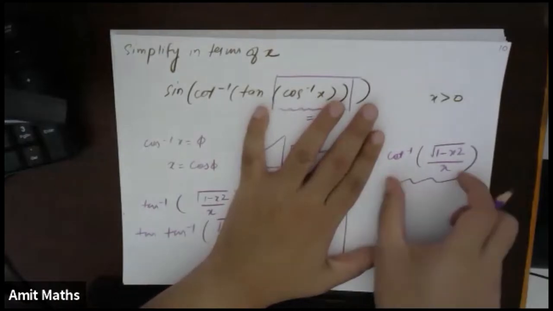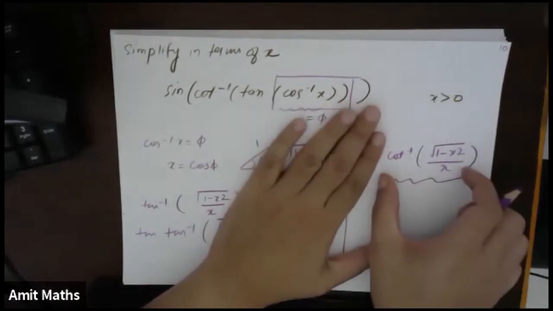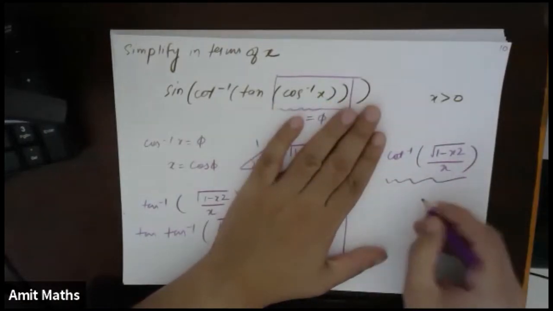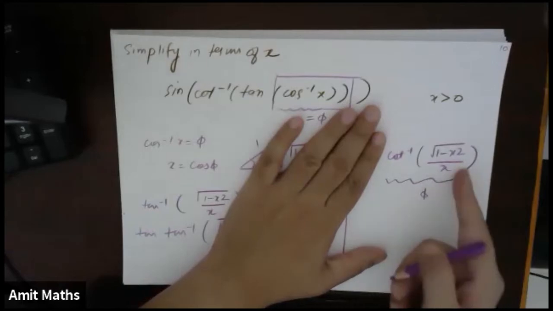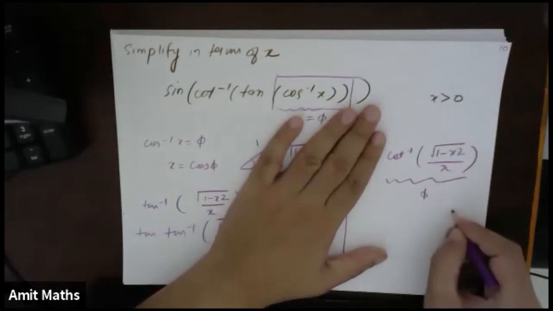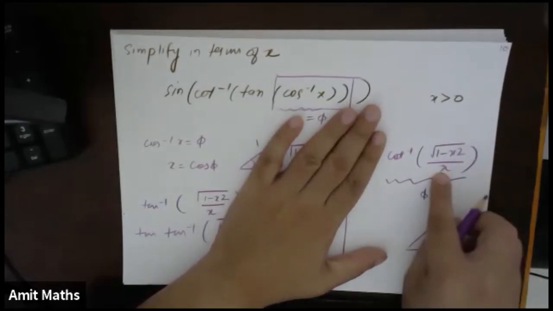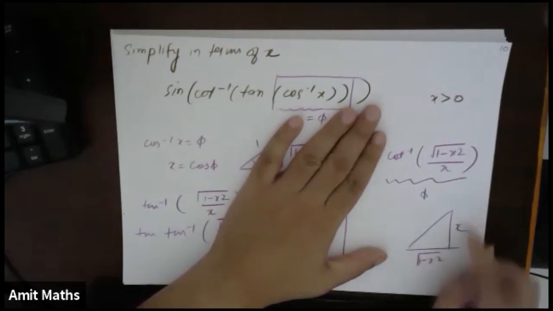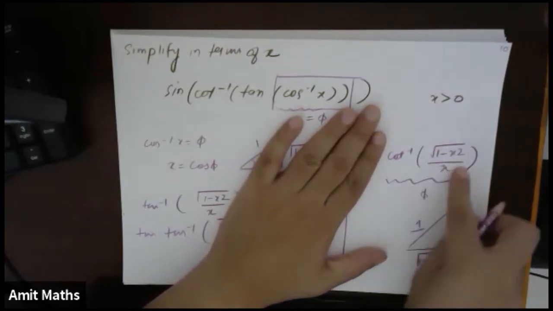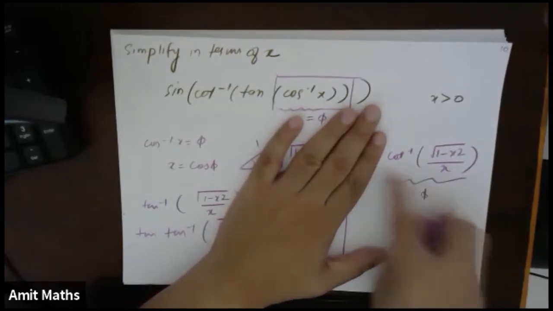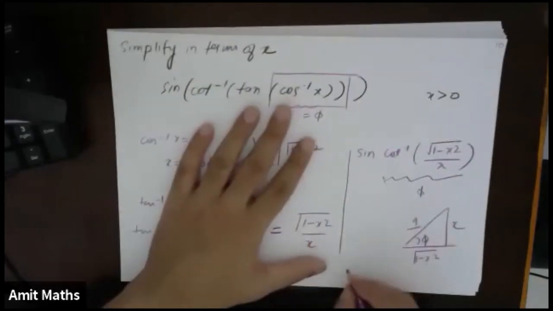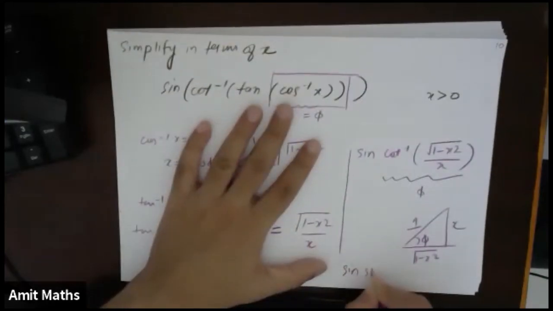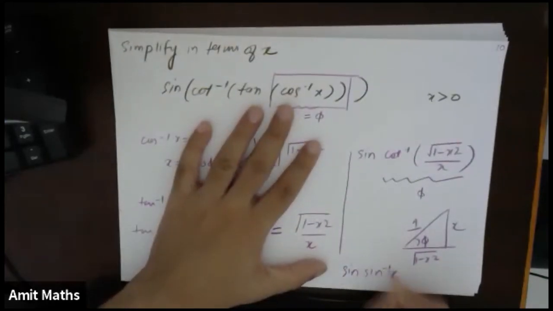So if I take this equal to phi and form a triangle, the height is x, the base is root of 1 minus x square, so the hypotenuse simply becomes 1. So this is phi. If I write this in terms of sine, this is nothing but sine of sine inverse x.